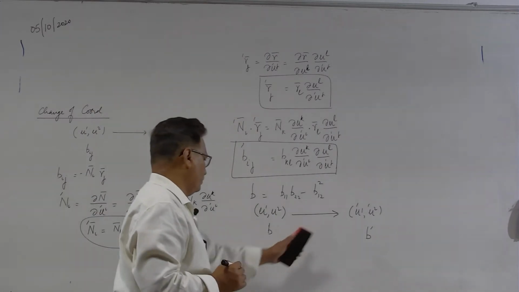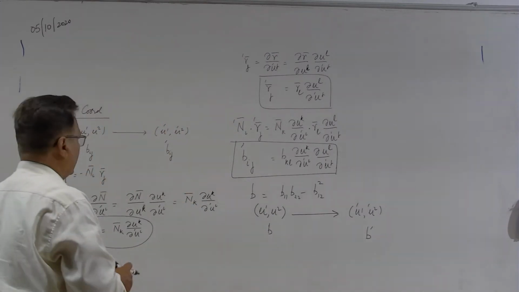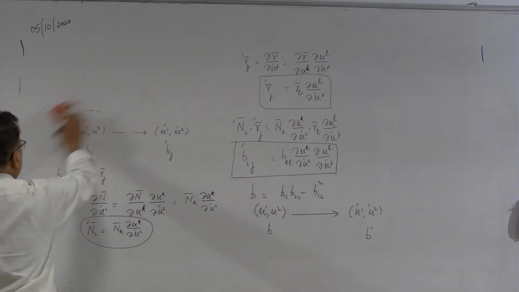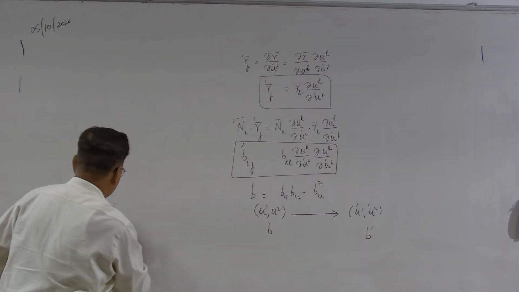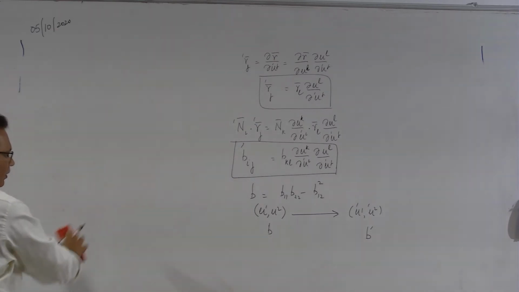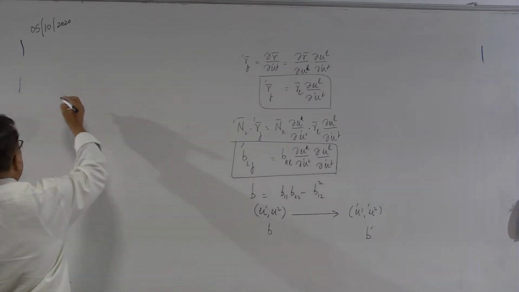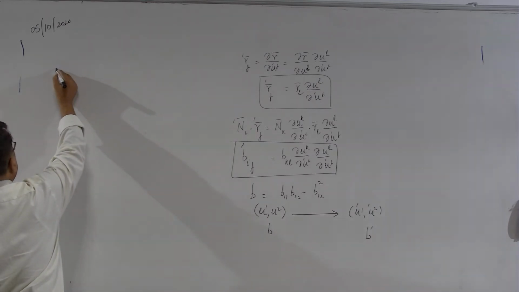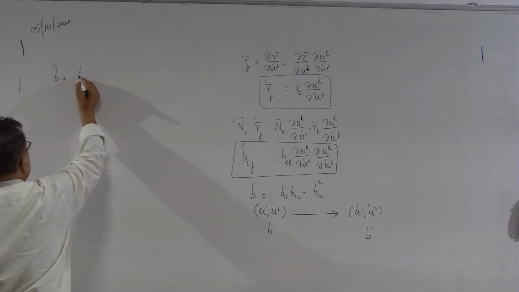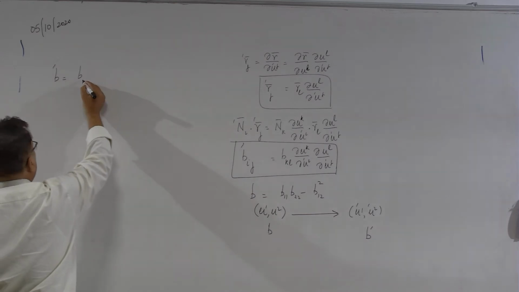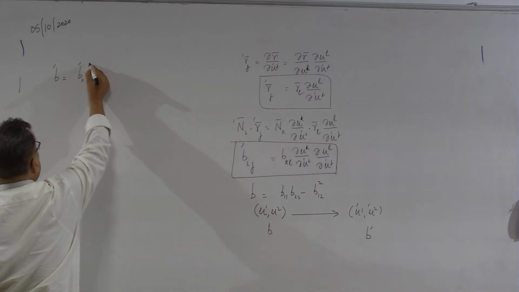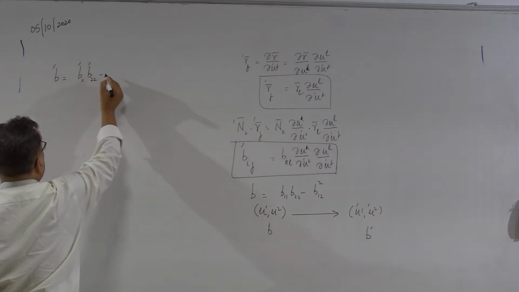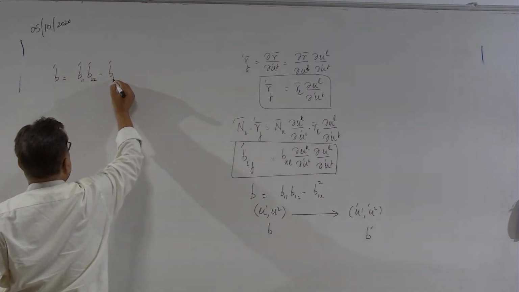What is the relationship between b and b dash, that we would also like to see. So b dash should be equal to b dash 11 into b dash 22 minus b dash 12 square.